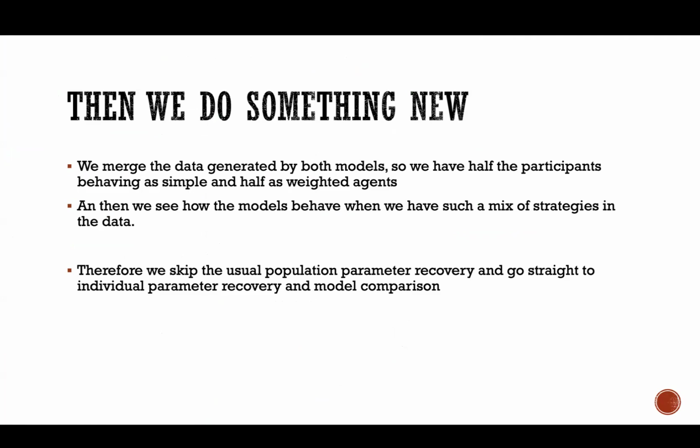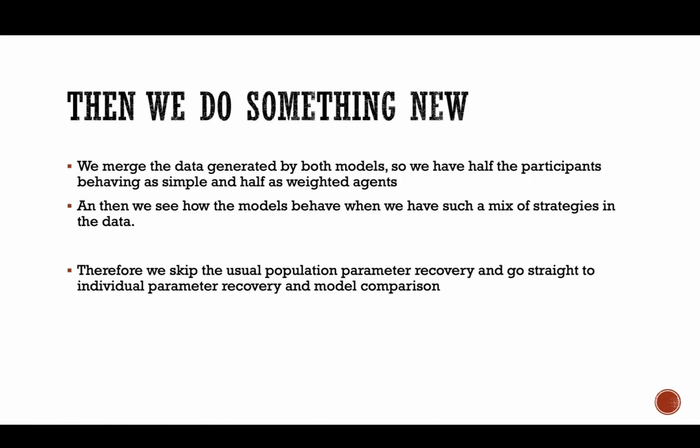So what we do is we merge the data generated by both models. So now we have 40 participants, and we don't know which ones are generated by a simple Bayes and which ones are generated by a weighted Bayes. And then we see how the models behave when we try to fit the multi-level model to all 40 participants. Because in the real world, we won't often know these are part of population A, these are part of population B, right?